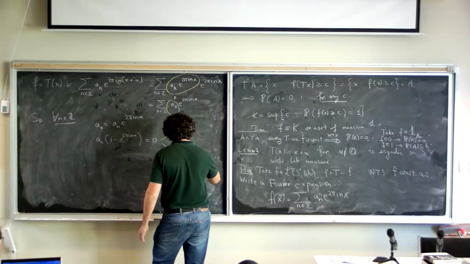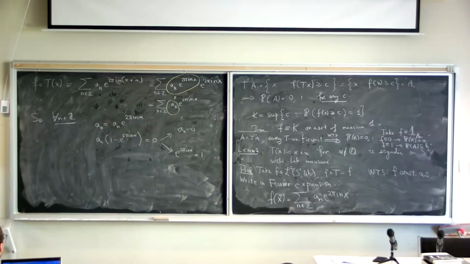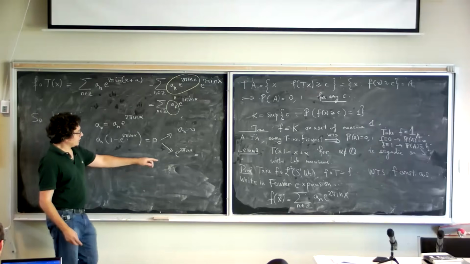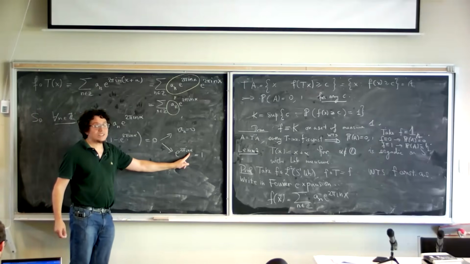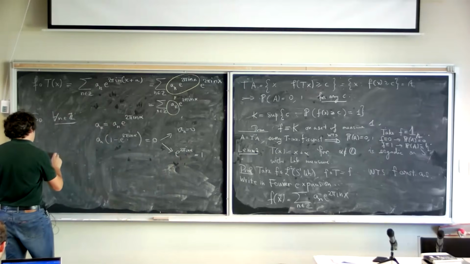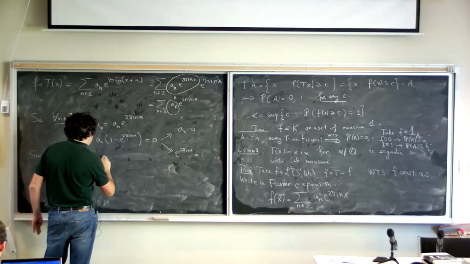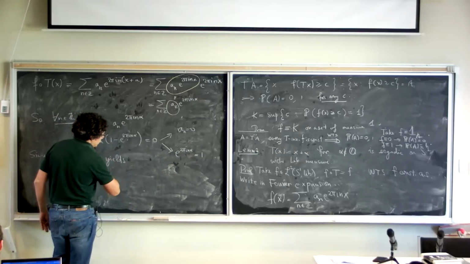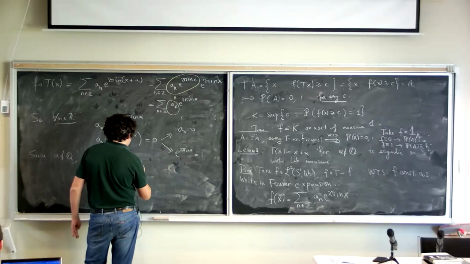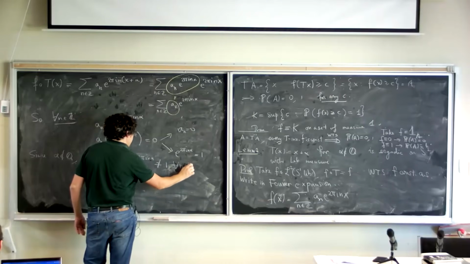But can that be the case? Well, it depends on n. For n equals 0 it is true, e to the 0 is 1. But since alpha is irrational, e to the 2 pi i n alpha is different from 1 for every n different from 0.